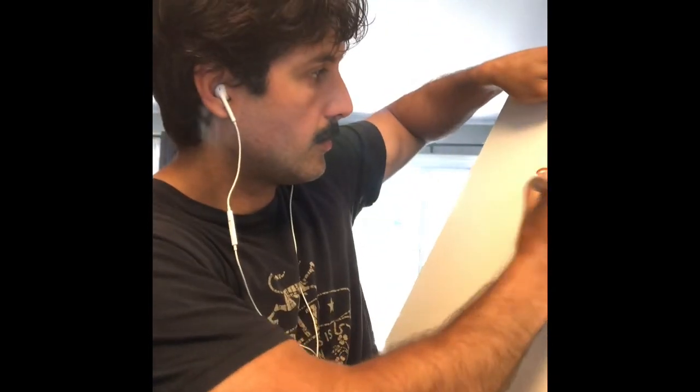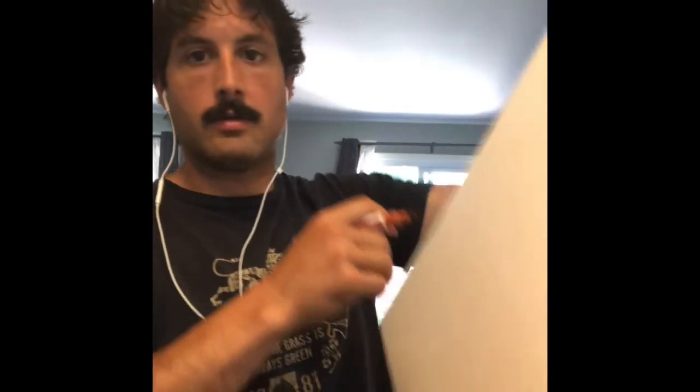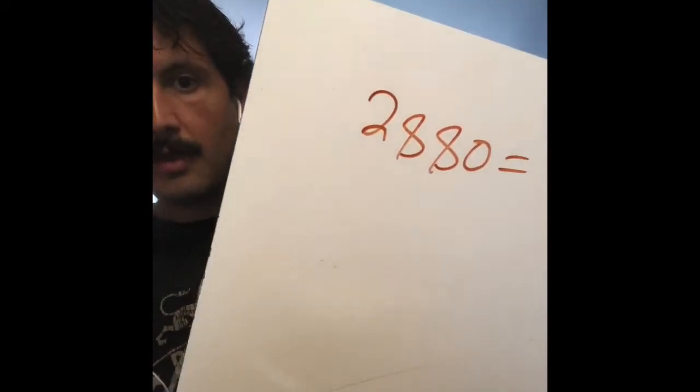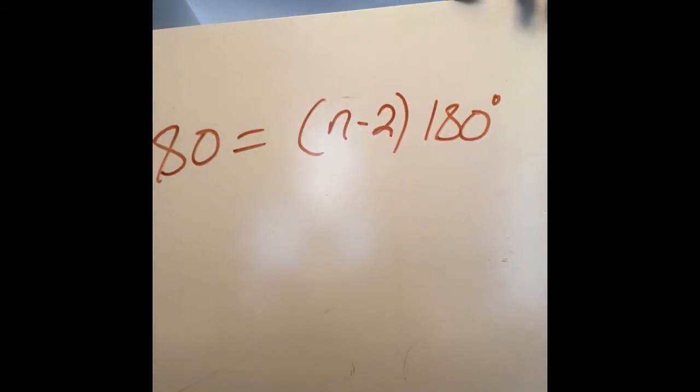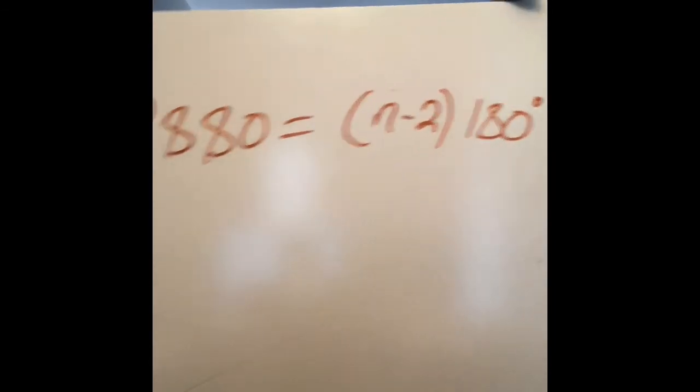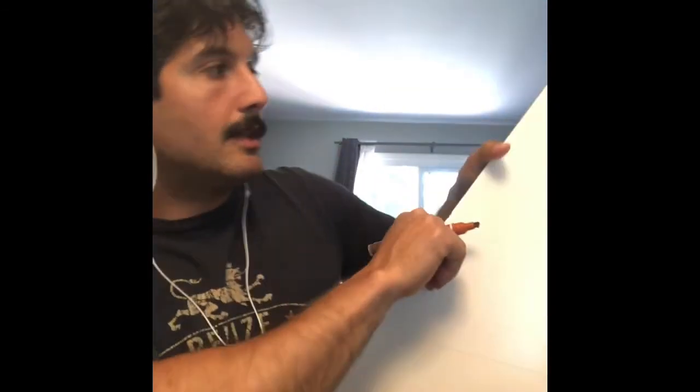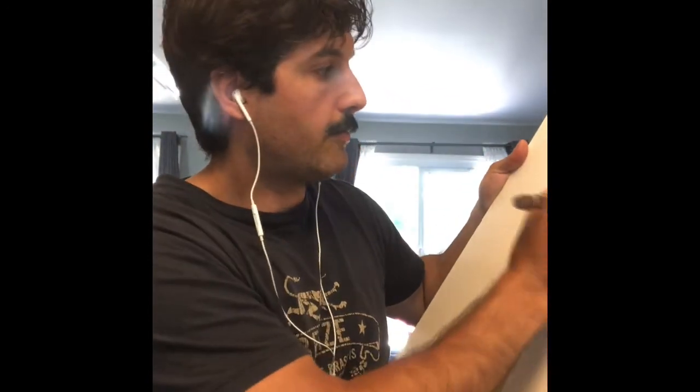See if I can find my marker. There it is. The first one, 2,880 equals n minus 2 times 180 degrees. The very first step is you need to get n by itself. You need to divide by 180 degrees.